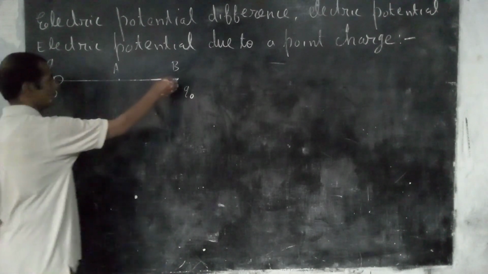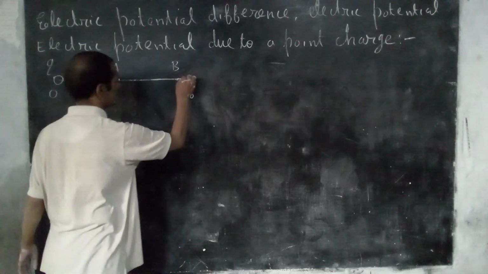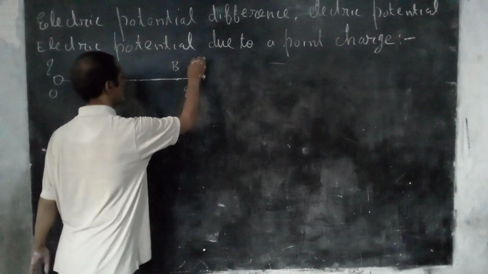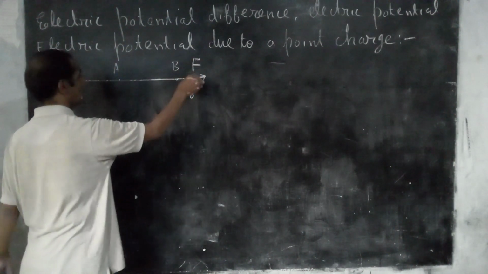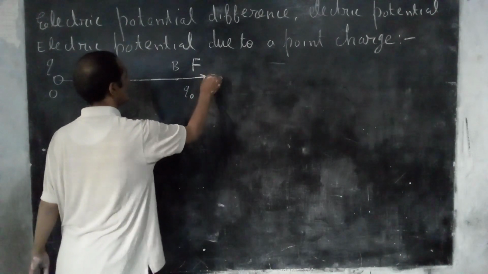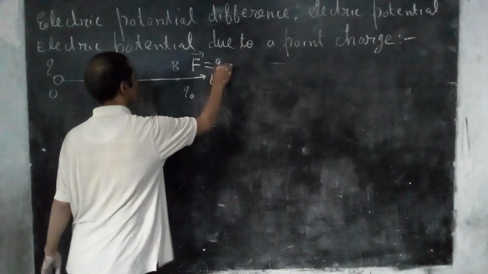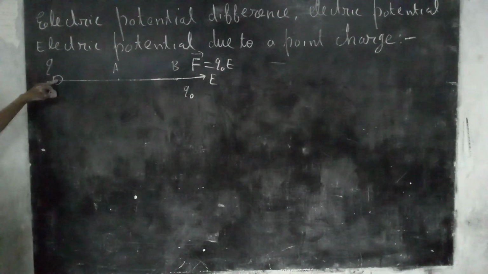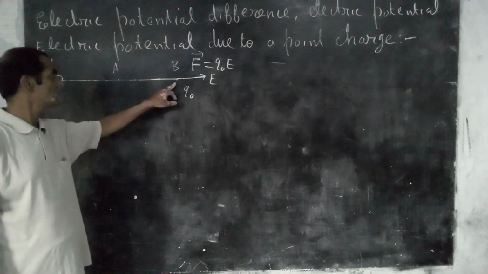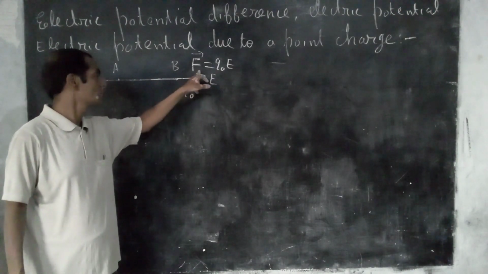When the test charge is at point B, it experiences an electrostatic force in this direction. If the electric field at this point is E, then the electrostatic force experienced by the test charge is Q0 E, away from the charge Q. When we bring charge Q0 from B to A, we do work against this force.